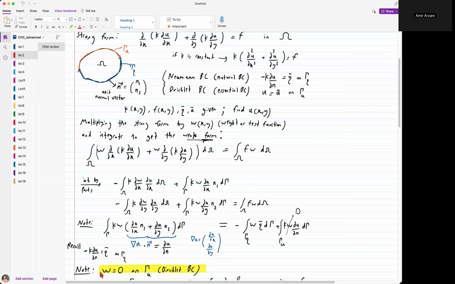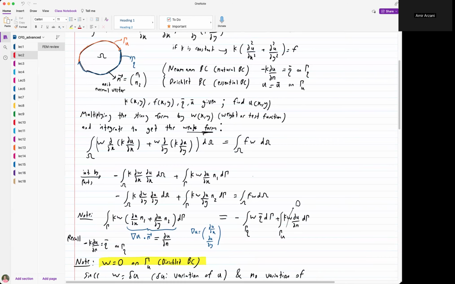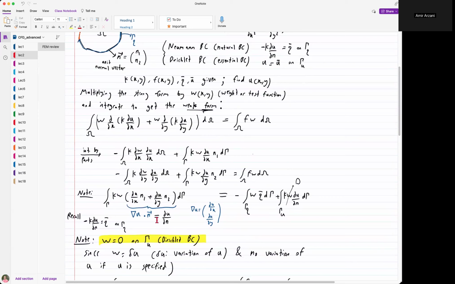We can think about these weight functions, these w's, or these test functions that we multiply our equation with, as some sort of allowable variation. Okay, that's what we denote in calculus of variations with delta u. So it can be interpreted as some sort of variation of u. This means that really what I'm doing in finite element is that I have a space of all allowable functions.